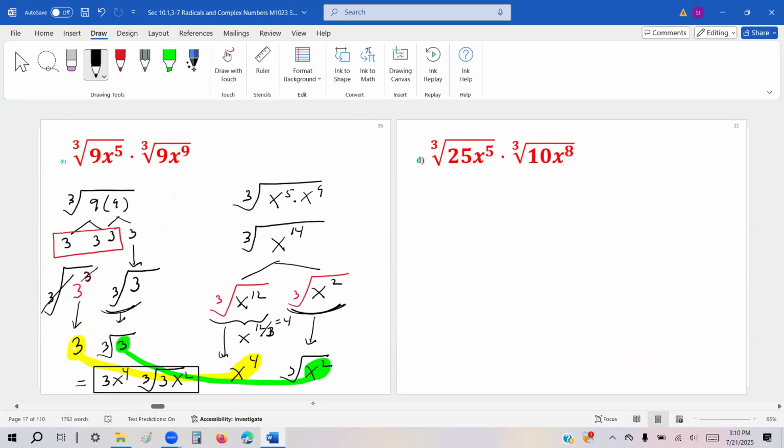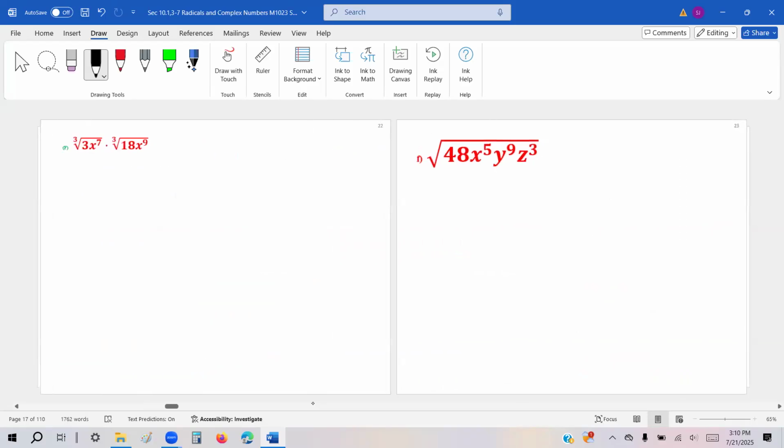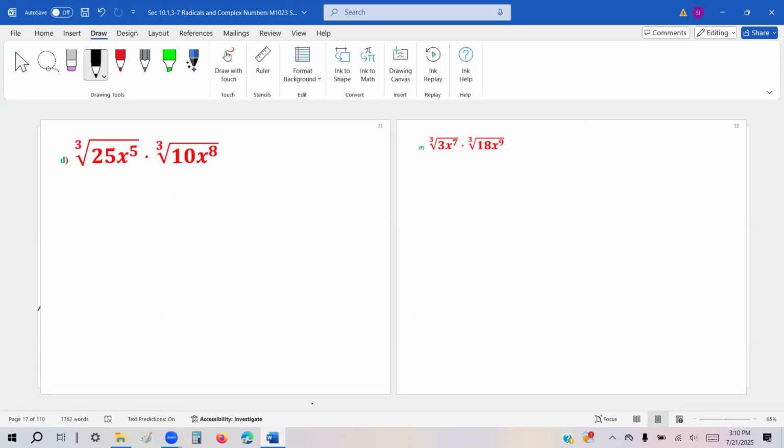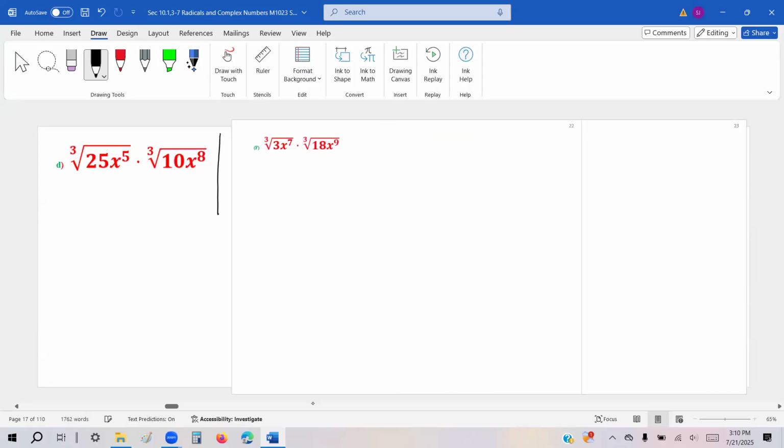There is a very high possibility of seeing this in the final exam. So try these questions by yourself. Let me write them down here. Cube root of 3x to the 7, cube root of 18x to the 9, and the other one is 48.